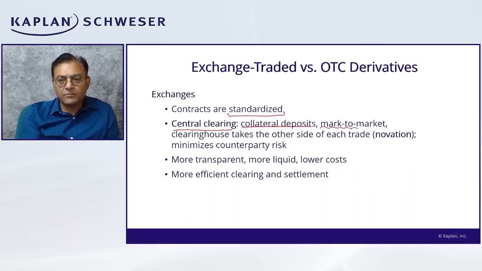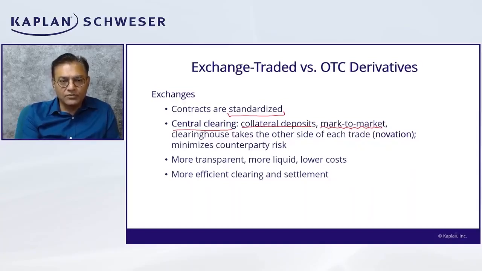And these contracts are marked to market, which ensures again that the parties are not deviating too far, and the exchange is able to manage the risk of the counterparty not adhering to the contract.